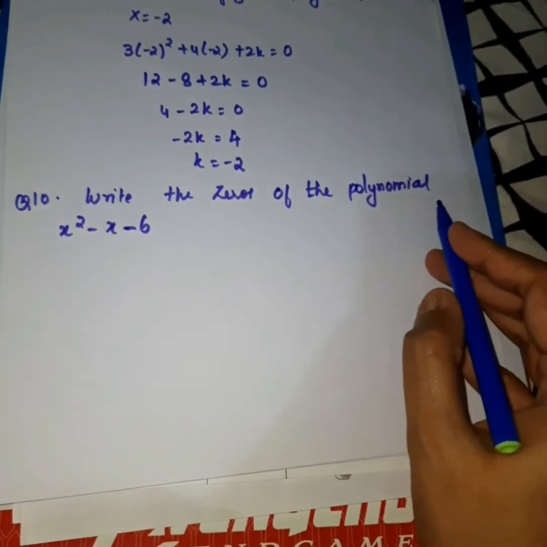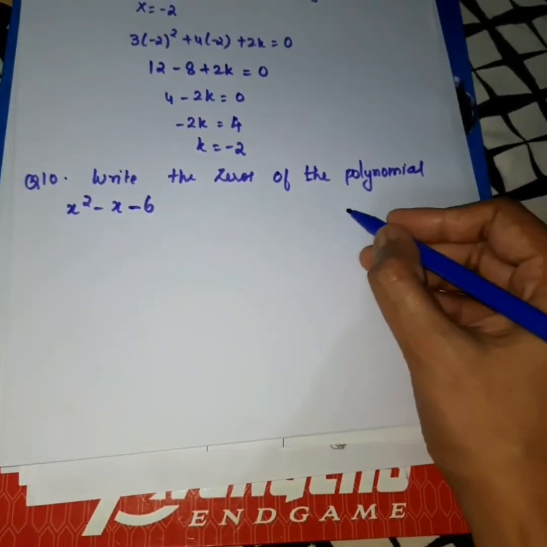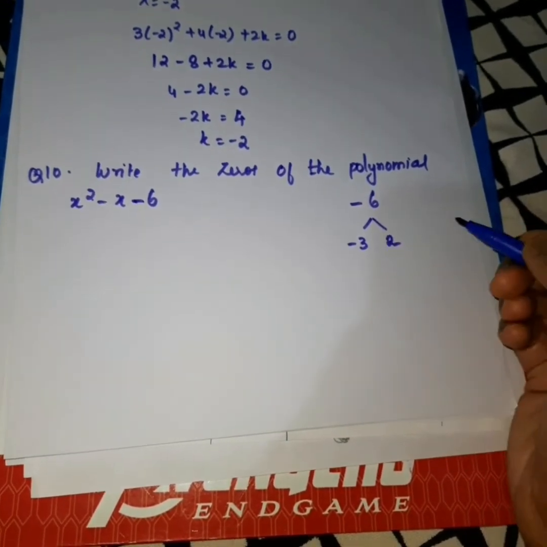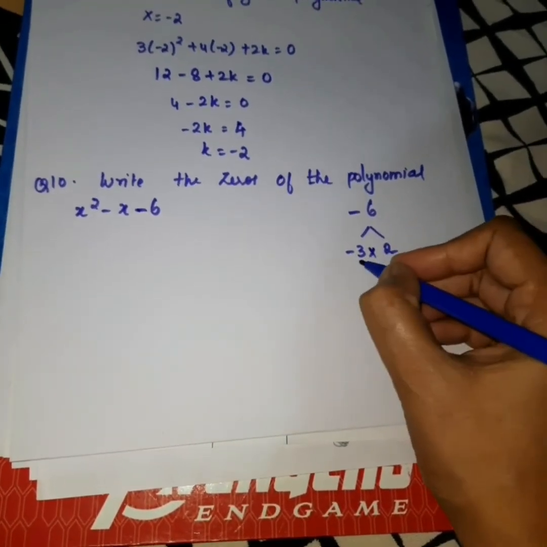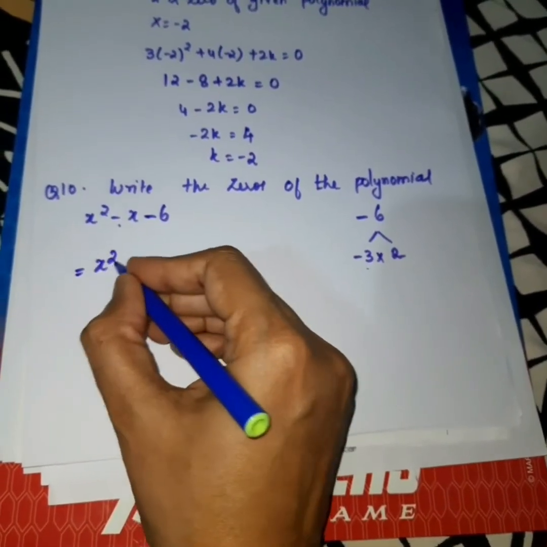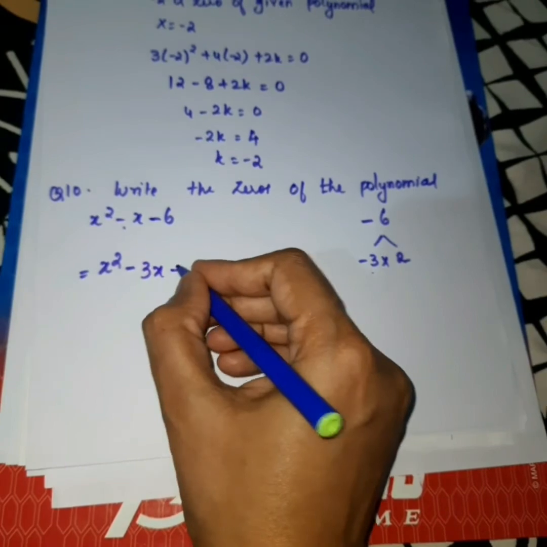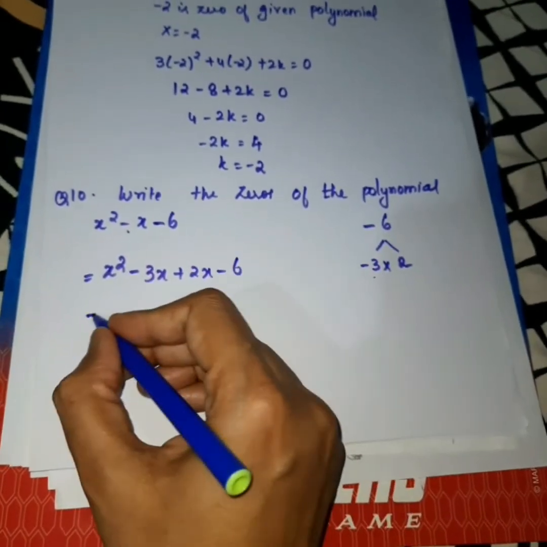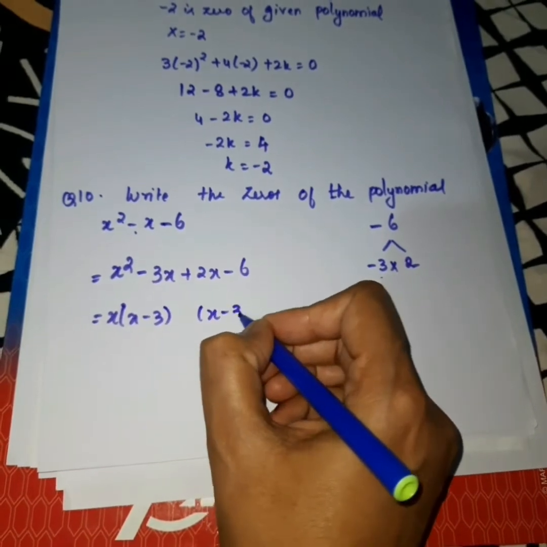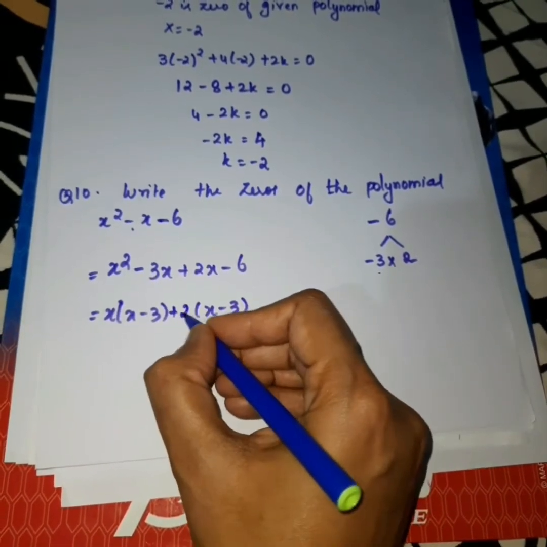Next question 10. Write the zeros of the given polynomial. So minus 6 can be written as minus 3 into 2, so that minus 3 plus 2 is minus 1x. So the polynomial can be rewritten as x squared minus 3x plus 2x minus 6. Taking x outside, it becomes x minus 3, and the other factor is plus 2.